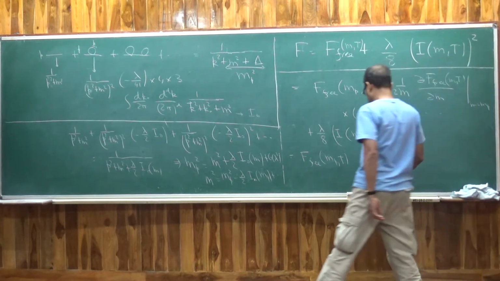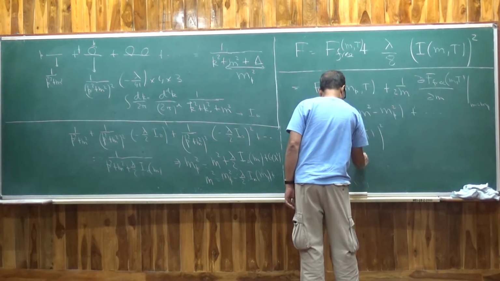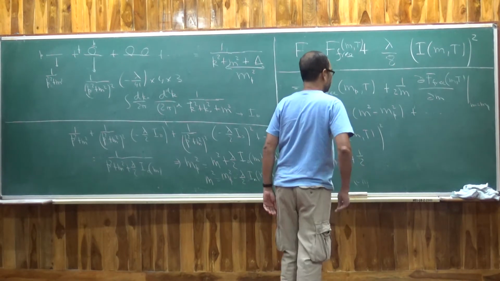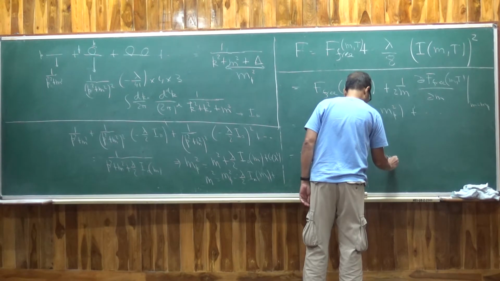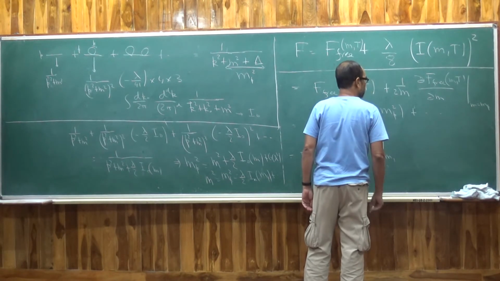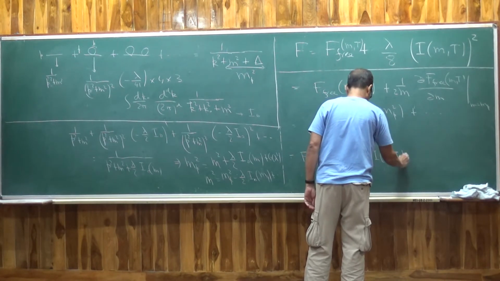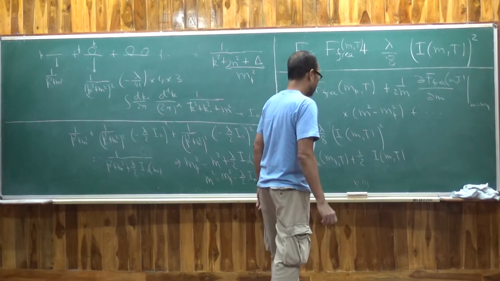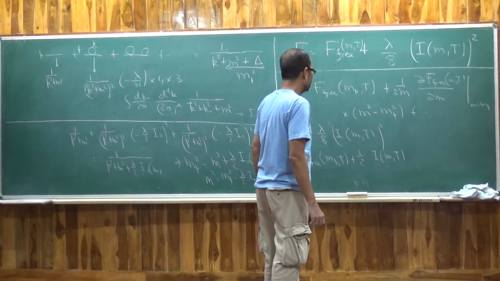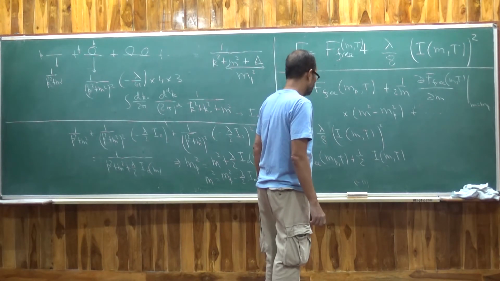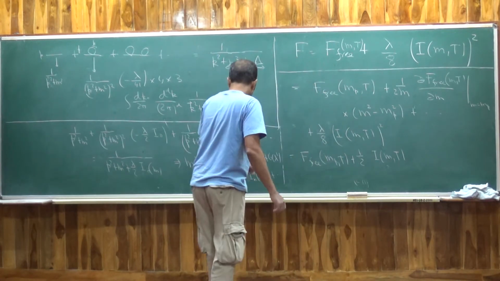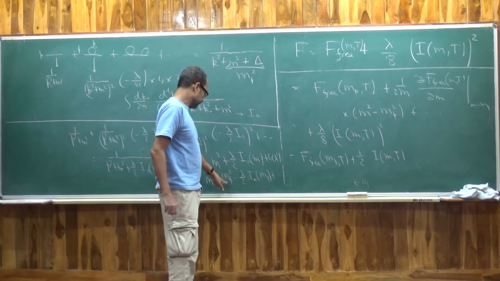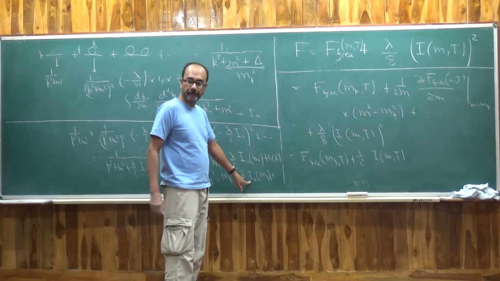So this is half I of MP times M square minus MP square, that's minus lambda by 2 I naught of MP.